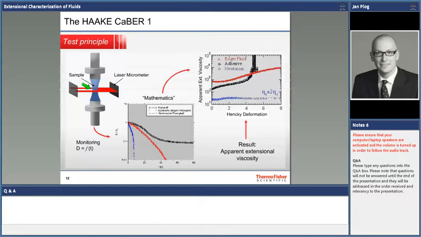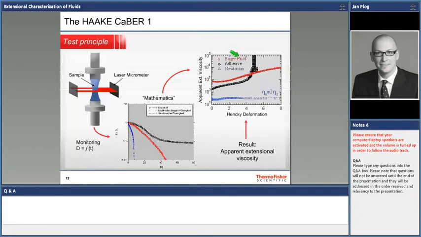So what you monitor is just the diameter as a function of time. Here shown for 3 different types of samples: blue purely Newtonian, red non-Newtonian shear thinning, and black for an adhesive that dries in. And what you will see, and again I'm going to show you more practical examples in a minute, is that for the Newtonian case, the extensional viscosity that you read will be exactly 3 times the shear viscosity.